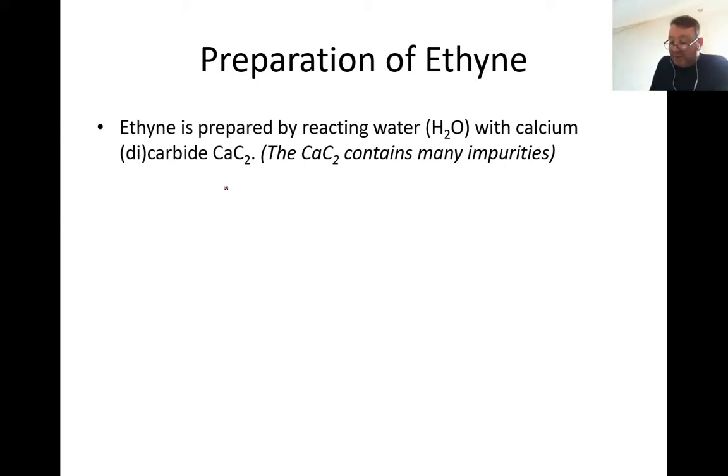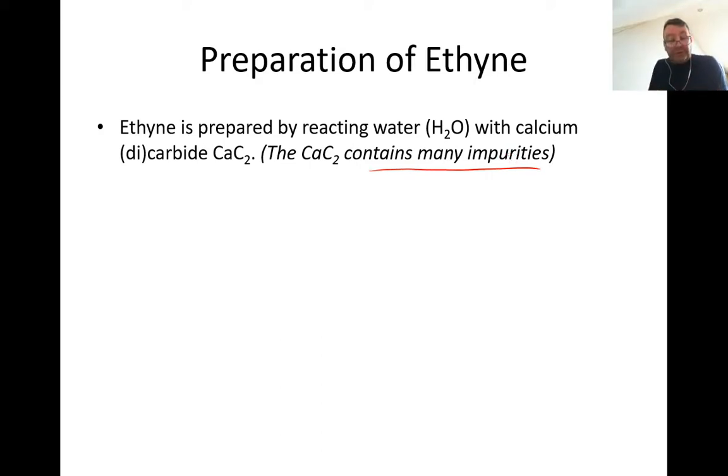Now, when we get CaC2 brought into the lab, it contains very many impurities. So the first thing we're going to notice when you open the lid on calcium dicarbide is the smell. It actually smells quite sulfuric. It smells quite bad, okay? Almost like rotten egg gas, but not that strong. But there is a very, very definite smell of it. What you're smelling are the impurities. It's a very impure substance.